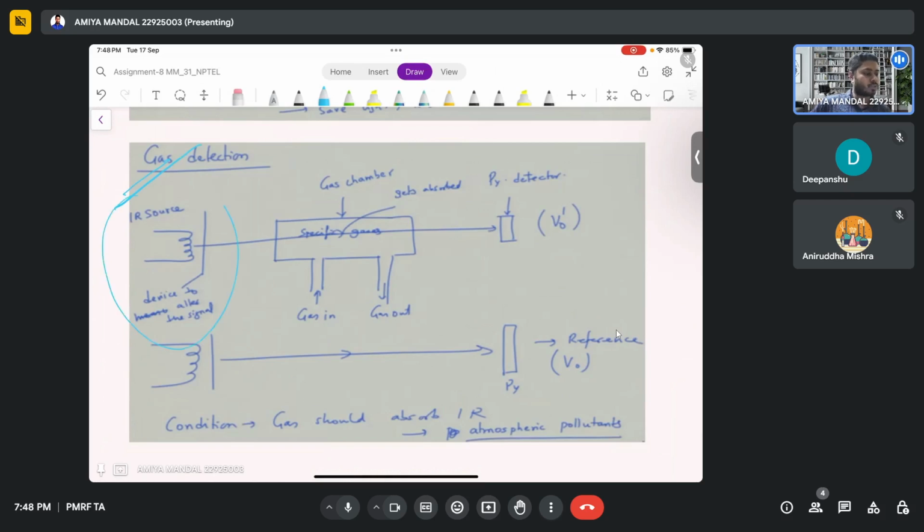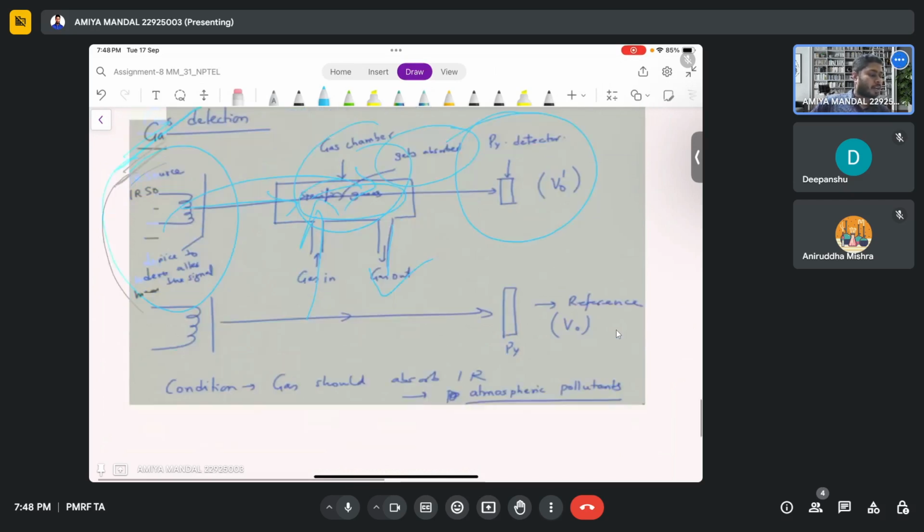And how gas detection works: an infrared source passes through a gas chamber, where on one side gas is allowed to enter, and on the other side gas is allowed to exit. In this region, infrared is absorbed by the gas, and it is detected by the pyroelectric detector.